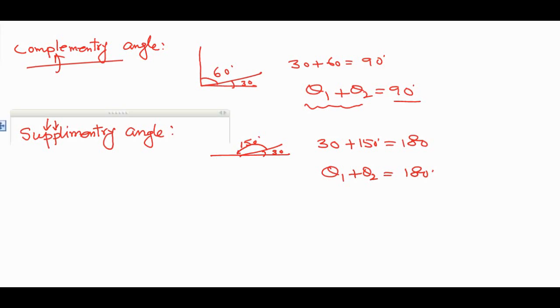The next thing is bisector of an angle. So if we have one angle and another line is bisecting it, that means this line is the bisecting line.